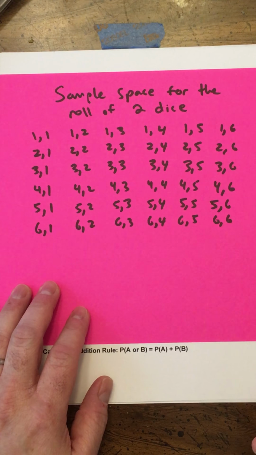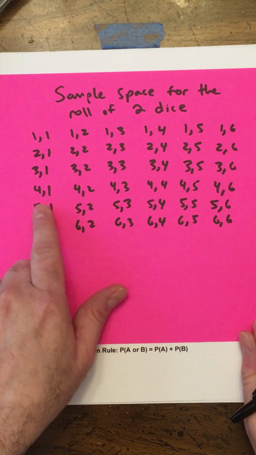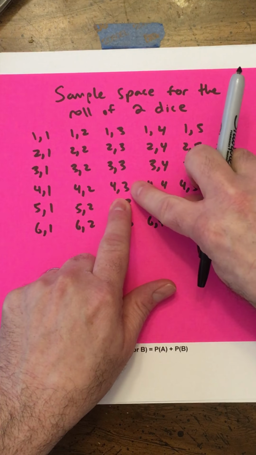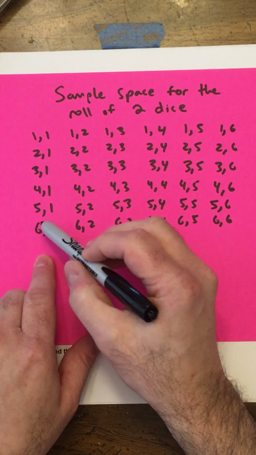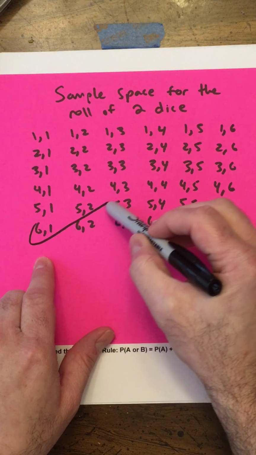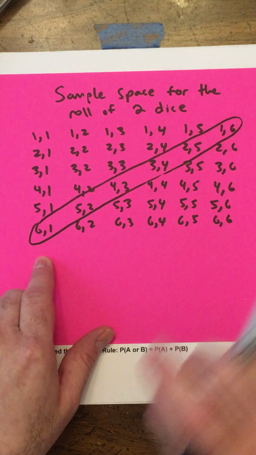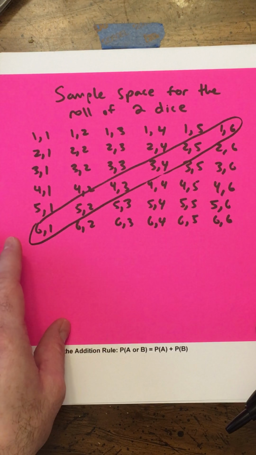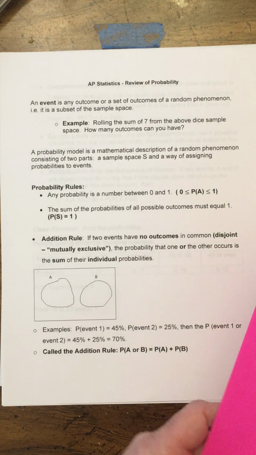If we want to find the probability of getting a 7, we look for wherever the numbers add up to 7. Right here, this adds up to 7: 4 and 3, 5 and 2, 6 and 1. It's actually this diagonal here. There are 6 cases out of 36, so it's a 1/6 chance of rolling a 7.